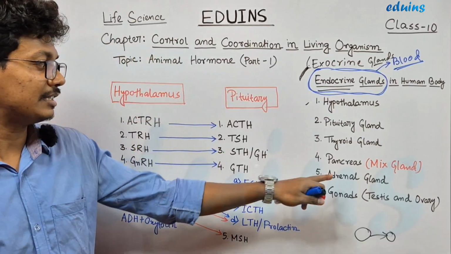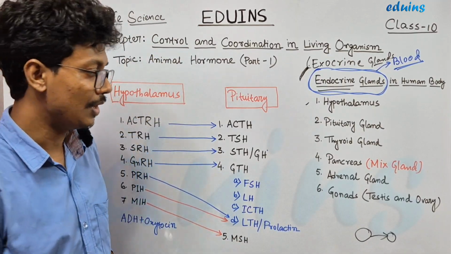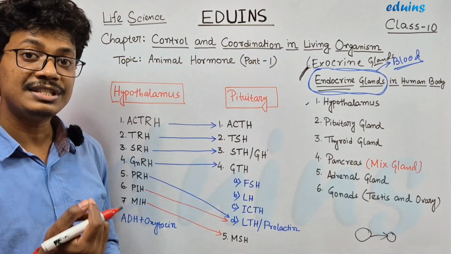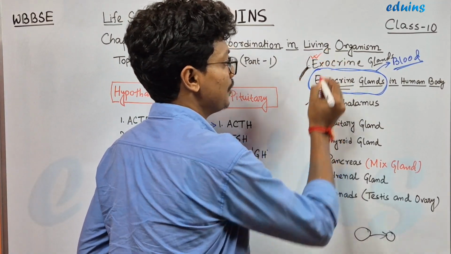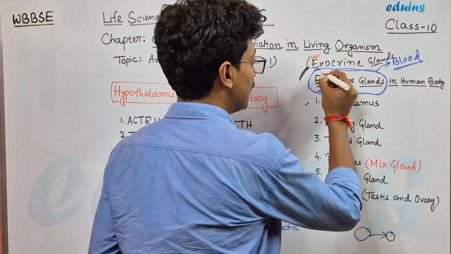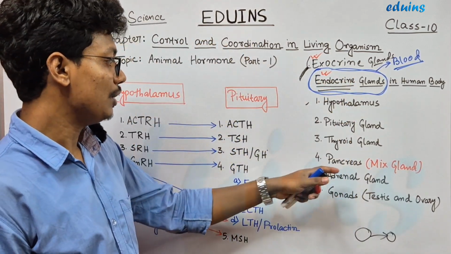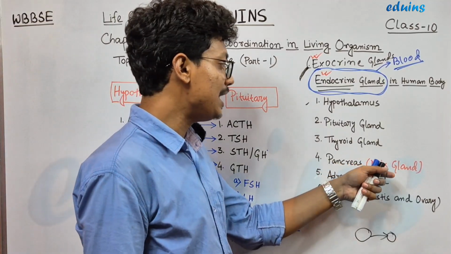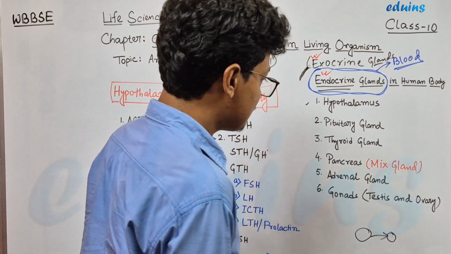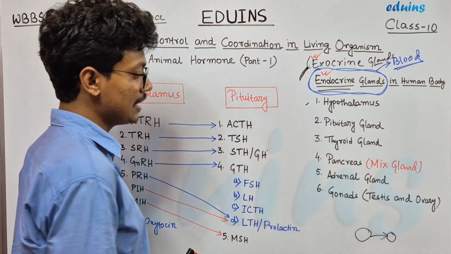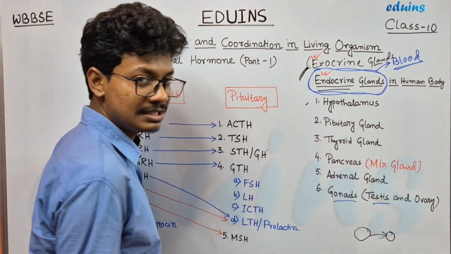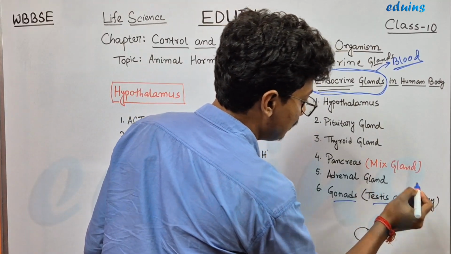Because the pancreas is a part of the digestive system where the pancreatic juice or digestive juice is secreted, which is an exocrine secretion, and it also secretes hormones, which is the endocrine secretion. So the pancreas is known as a mixed gland. Number 5 is the adrenal gland, and number 6 is the gonads, which are gender specific: in males the testes and in females the ovary.